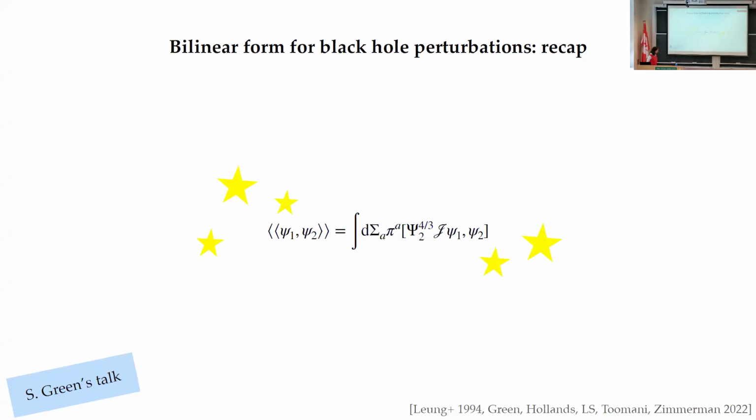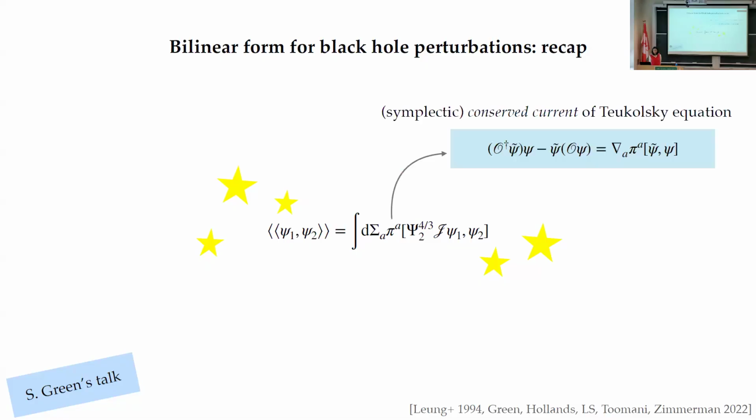So to understand one important feature of quasi-normal modes, which you've heard about in Steven's talk yesterday, is that they are orthogonal under a suitable bilinear form. And this is to remind you what the bilinear form looks like.